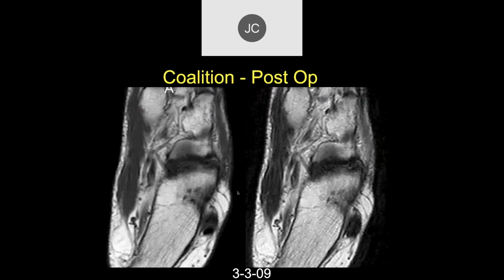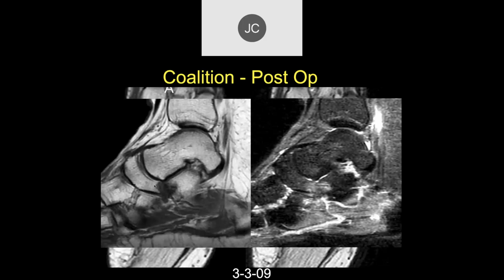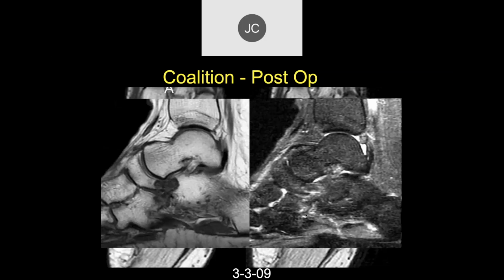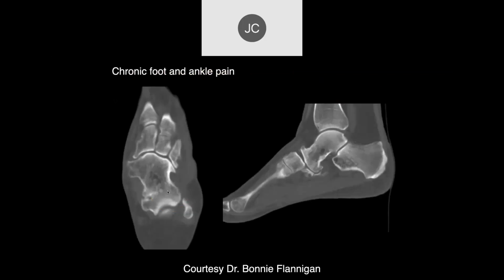The patient had surgery. They went in and basically got rid of the fibrous coalition all across there. We can remove the bone. And this was postoperatively, where you can see where they took out bone for this coalition.